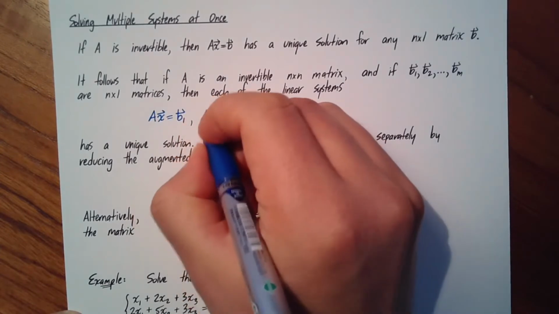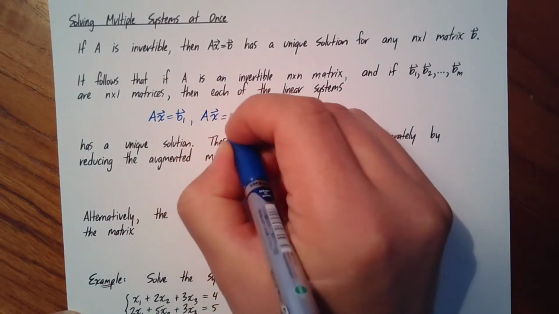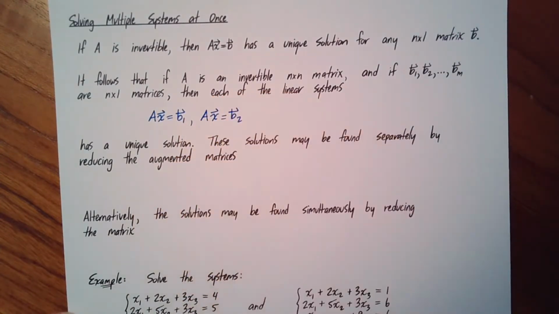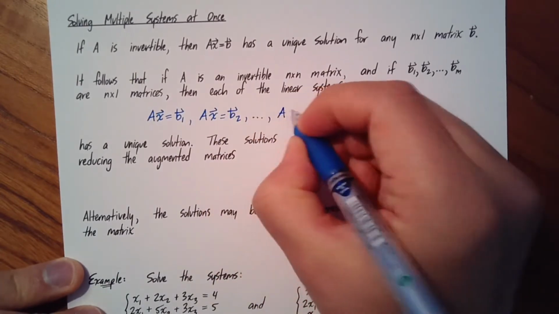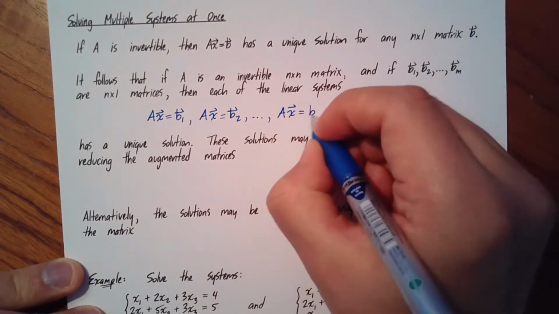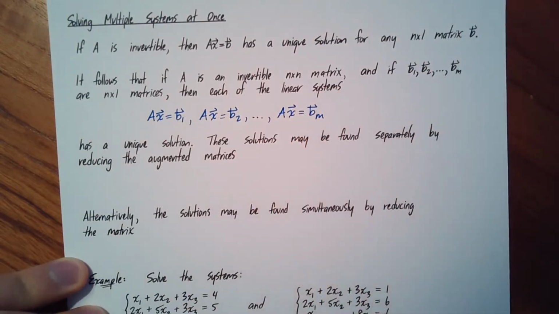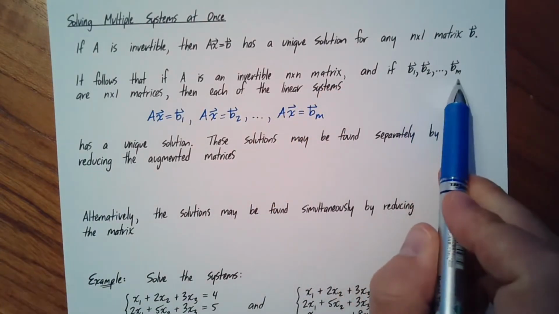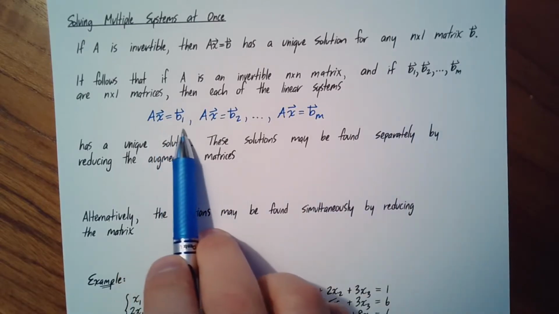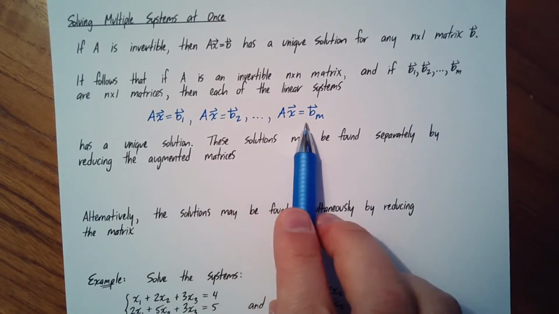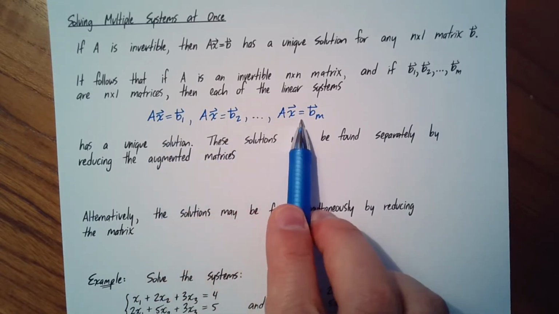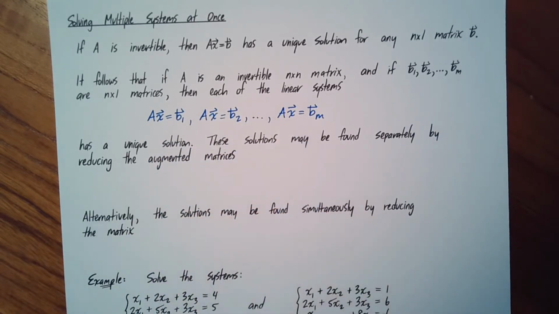Well, you'd have Ax is equal to B2. And all the way on to the very last one, Ax is equal to your final constant column, Bm. So if you take all these different options and plug them in for B, you're potentially going to get a different linear system for every single one of them. So each one of these has a unique solution because A is an invertible matrix.